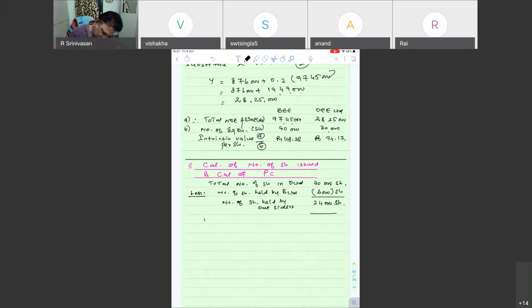So, intrinsic value. Total intrinsic value for 24,000 shares.